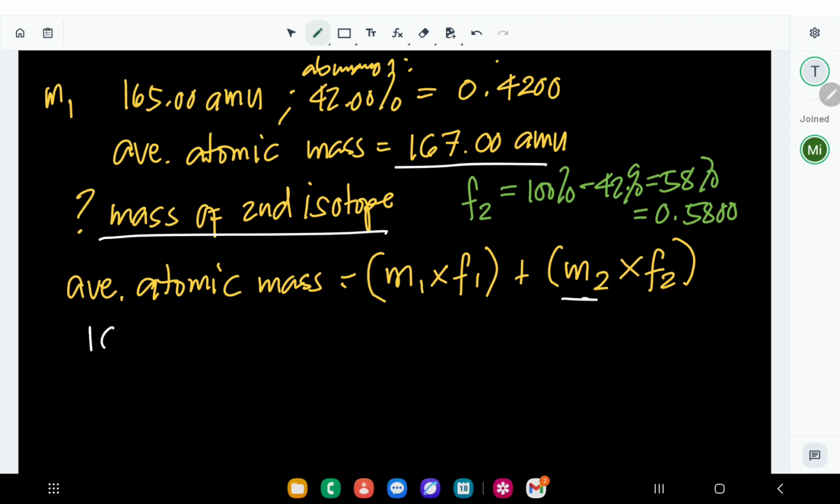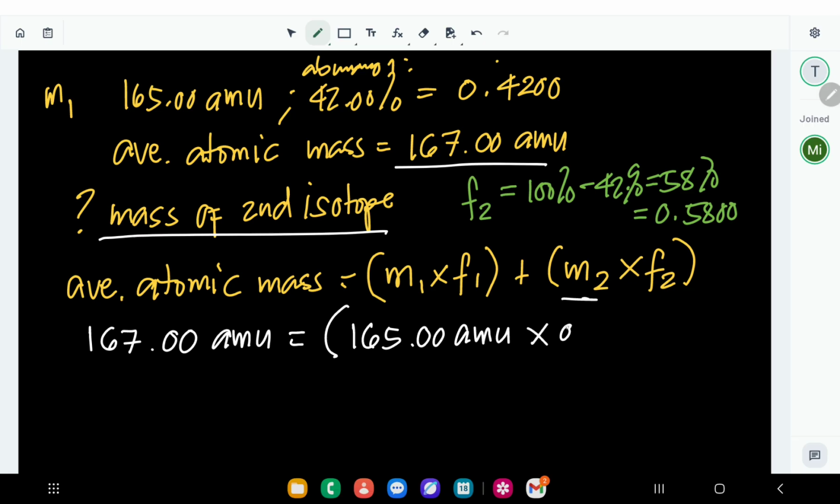So we plug in all the given values: mass 1 is 165 AMU times 0.42, then plus mass 2 times 0.58. So we need a calculator for this.